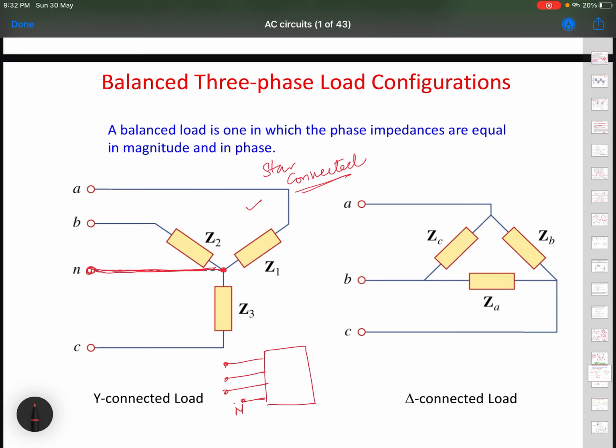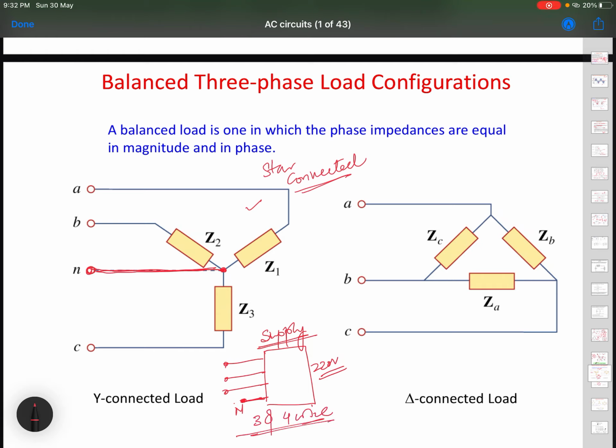Normally the neutral together with the three phases is basically the supply for household loads. If you see the supply system running for all the residential places at low voltages, around 220 volts, all the supply systems are basically three phase and a neutral wire, or you can say three phase four wire systems.